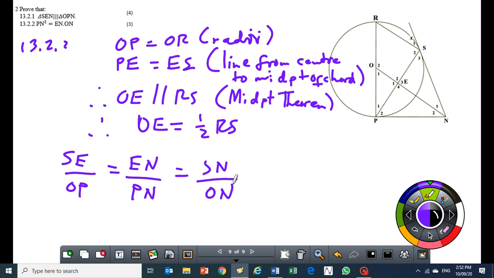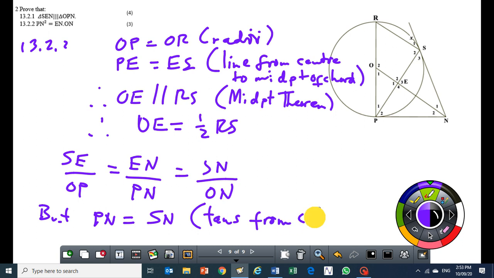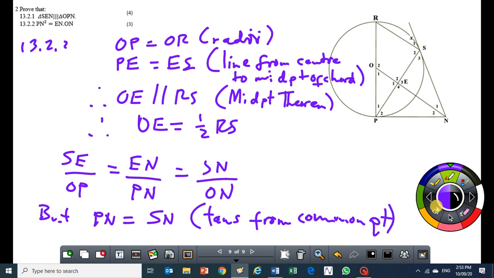They're equal. Why are they equal? Yeah, so I would suggest that I would say right here, PN is equal to SN. And your reason there: tangents from common point. Now, if you had proved the congruency, you would have written this down.